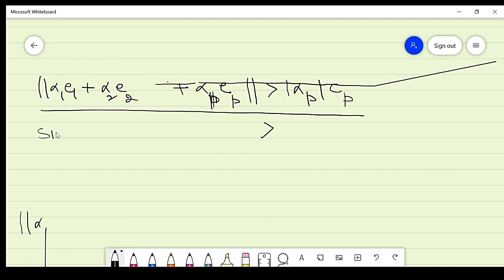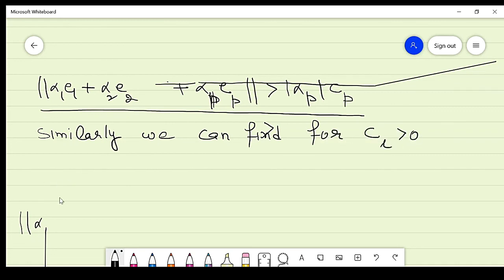Similarly we can find it for Ci greater than 0. What is that? Norm of alpha 1 E1 so on alpha P EP is greater than absolute value of alpha I into Ci. So this is positive, so Ci.